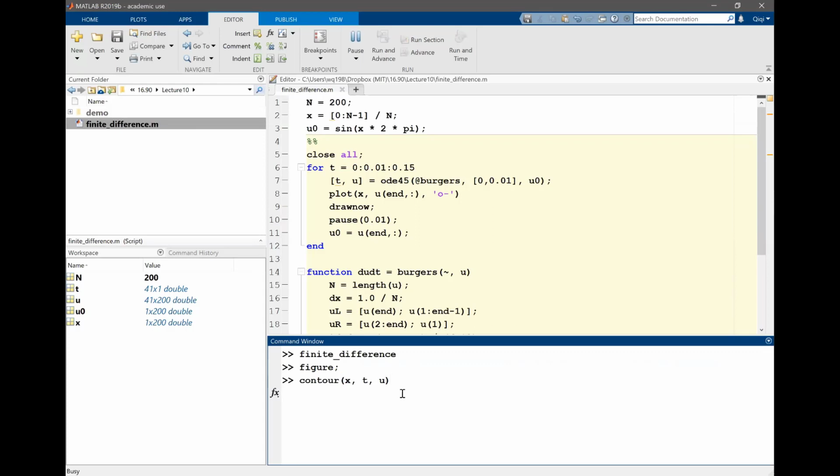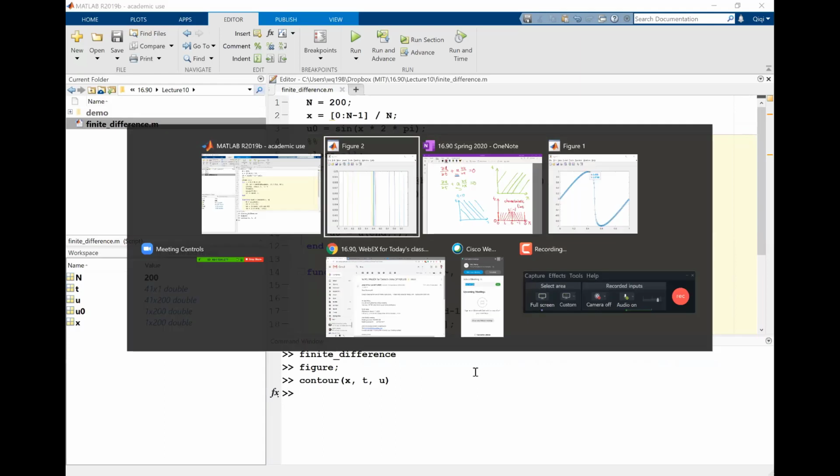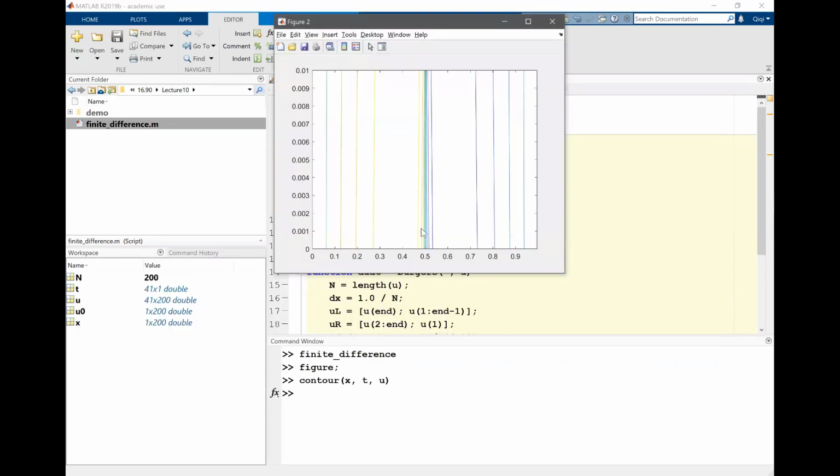Let's try. That works. Nope, that didn't work. So initially I shouldn't get something like this. Oh, that's why.